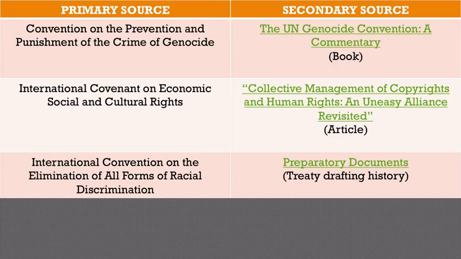To the right, I've included an article authored by Professor Helfer that explores some of the implications of copyrights with respect to that treaty. And then finally, the International Convention on the Elimination of All Forms of Discrimination. I've included a link to relevant preparatory documents which provide information about the treaty drafting history. I'll talk a little bit more about those materials in a few slides.